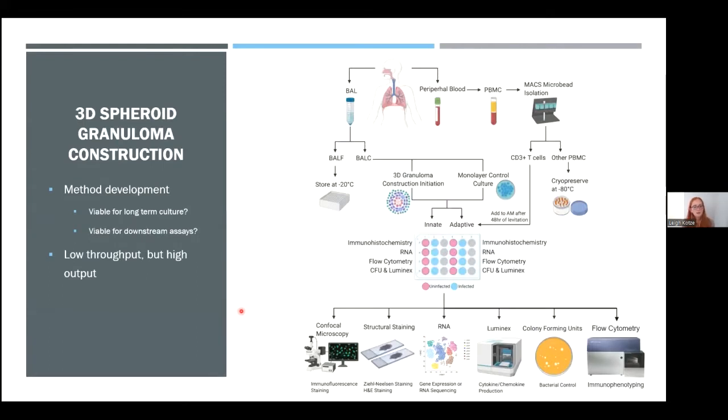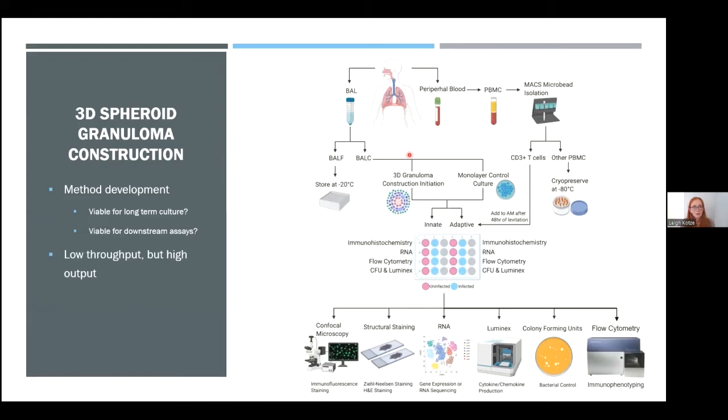So with this in mind, we have adapted a tumor spheroid model to assemble our own in vitro TB granuloma structure. In order to do this, we have taken primary airway cells, or alveolar macrophages, from the lungs of consenting participants using a bronchoscopy. And we also collected autologous peripheral blood, from which we isolated T-cells.